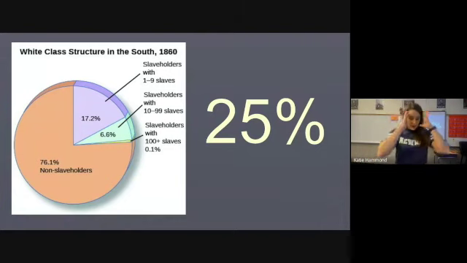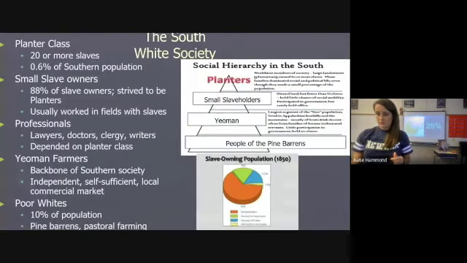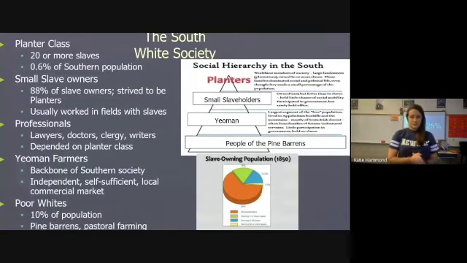Okay, so now let's talk about the white Southerners. Okay, so the first thing is what you call the planters. Okay, the planters. The basic definition is you had to own at least 20 slaves. If you're a white male and you owned at least 20 slaves, you are a planter. Okay, and they would live in the low counties, like the lower South, basically.